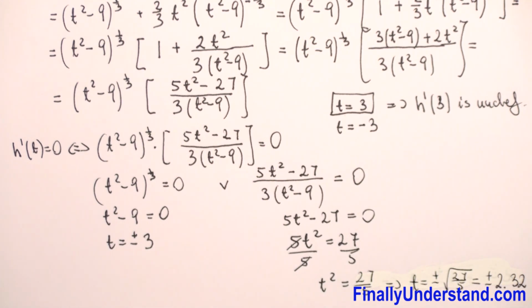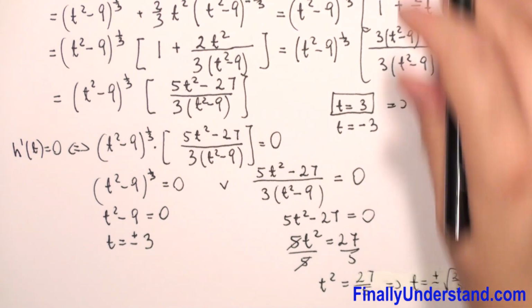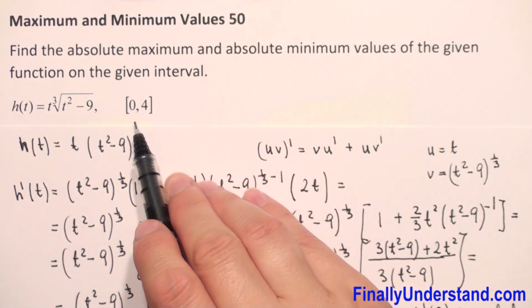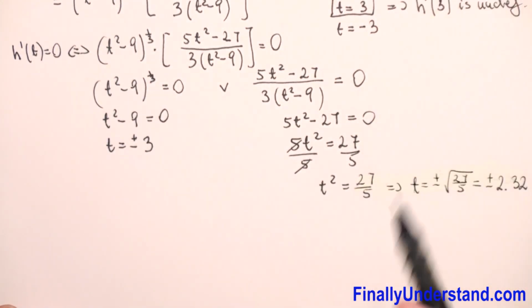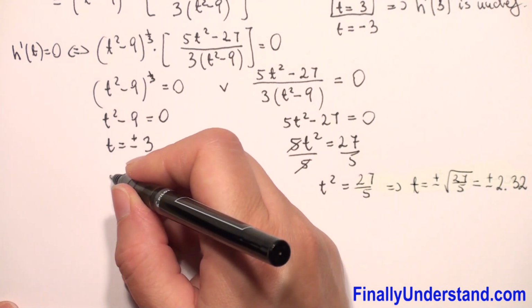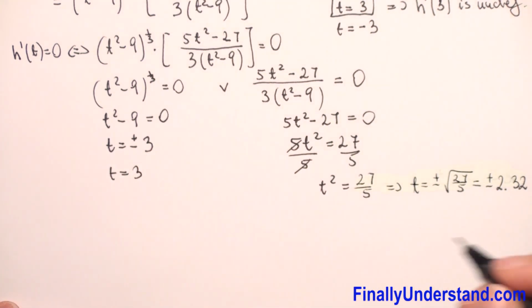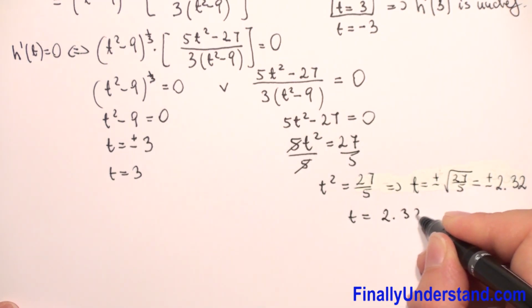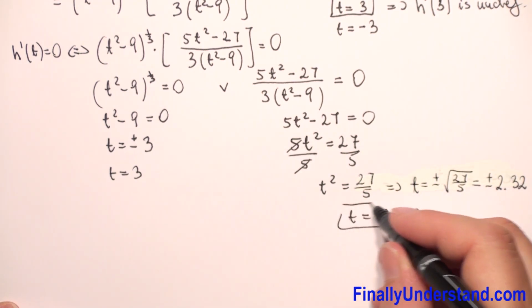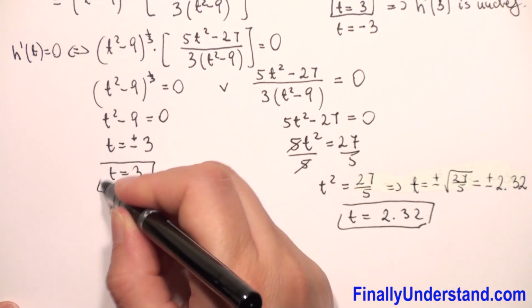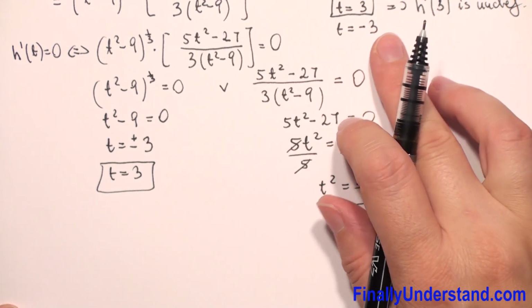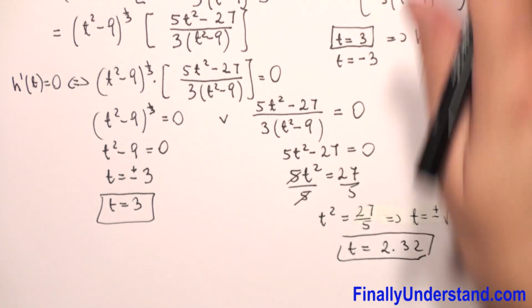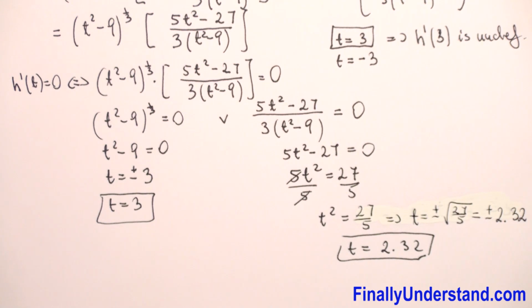Now we have to check if they belong to the domain of our function. The domain is the interval from 0 to 4, so we cannot consider negative values. So we have only t equals 3 and t equals 2.32. These values are our critical points. But because we already have positive 3, we take this 3 only once.